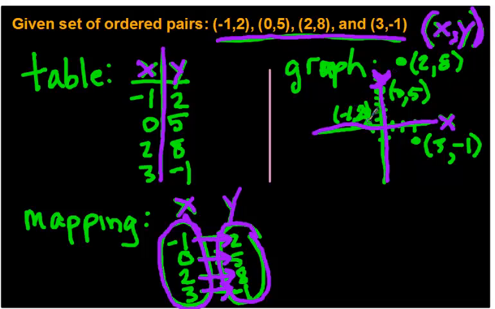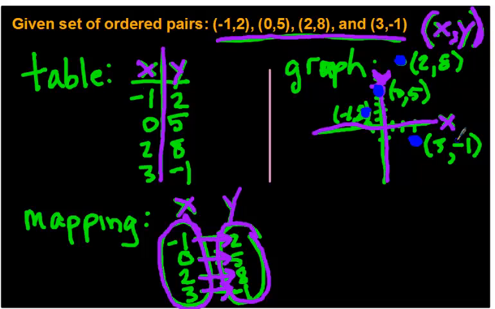So if we consider the points, we've got (-1, 2), (0, 5), (2, 8), and (3, -1). Let me change color so you can see that a little better.